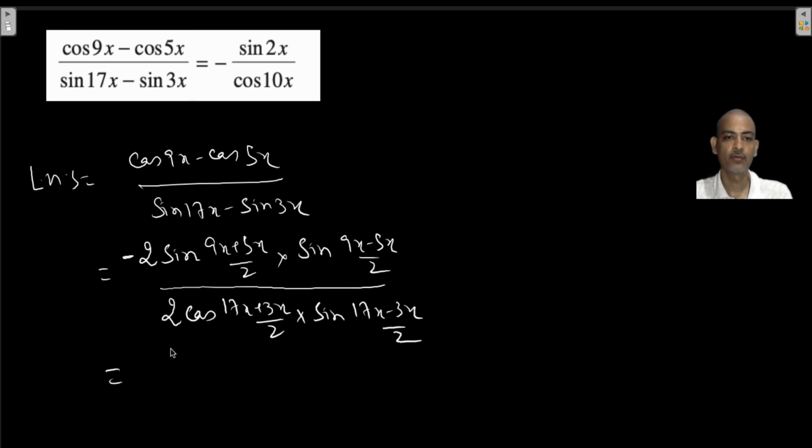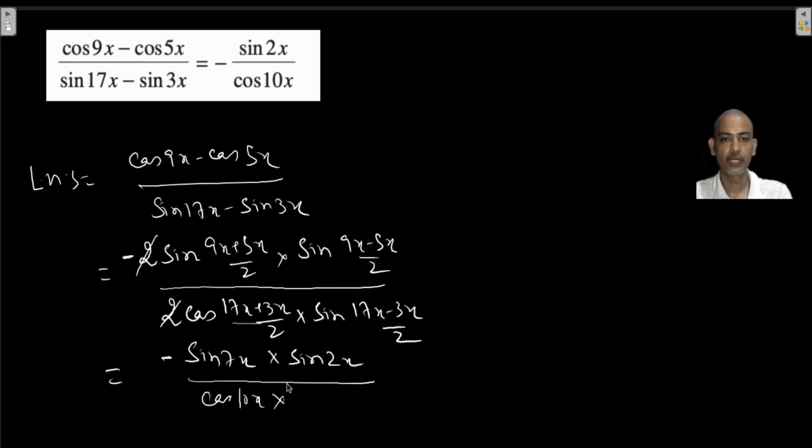Alright, now we can cancel out 2 and 2, and so (9x plus 5x) by 2, 9 plus 5 is 14, by 2 is 7x, so this will be sin of 7x, with the negative remaining here, into sin of (9x minus 5x), which is 4x, 4x by 2 is 2x, so sin of 2x, divided by, this is cos of (17 plus 3) is 20, 20 by 2 is 10, so cos of 10x, into (17 minus 3) is 14, 14 by 2 is 7, so sin of 7x.